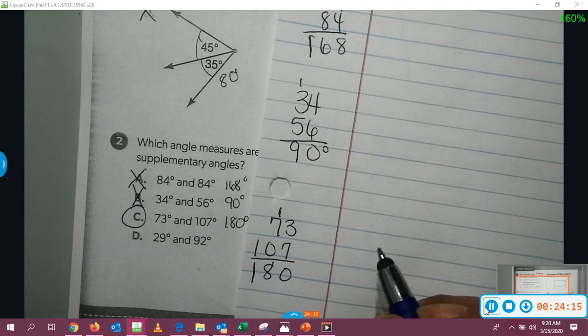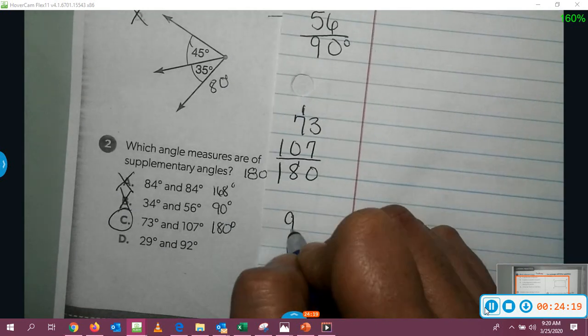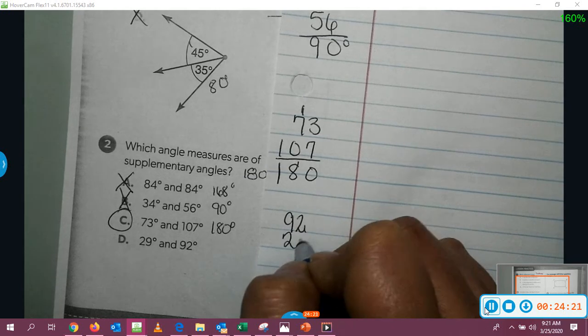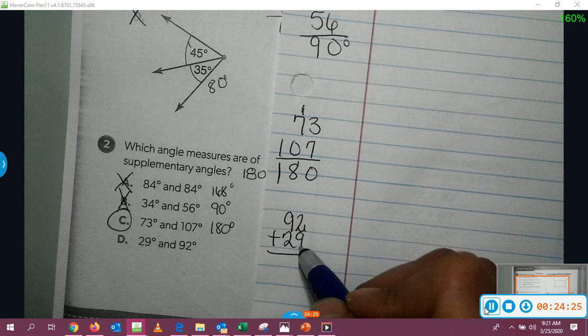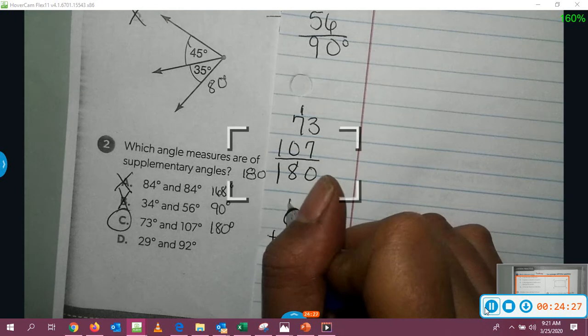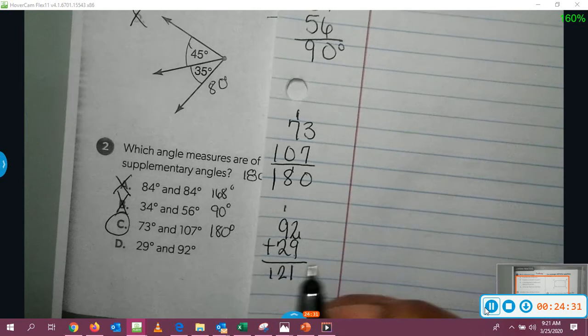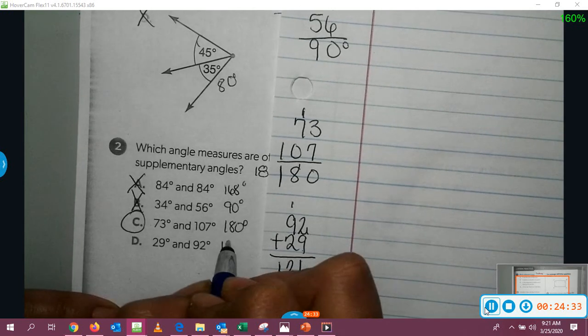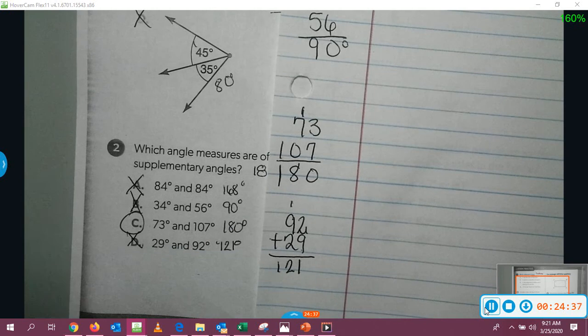Let's go ahead and do the last one just for giggles. 92 plus 29 is 121 degrees. So we know that is not the correct answer.